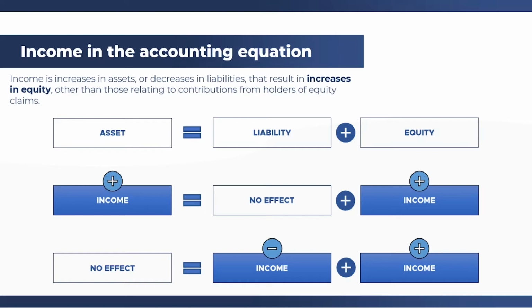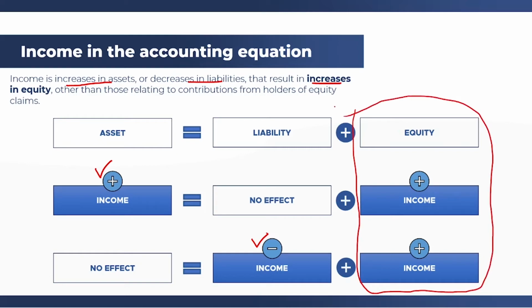So to recap, income is increases in assets, like here, or decreases in liabilities, you can see here, that result in increases in equity. If you look at the equity side here, they're actually both increases. These are movements relating to the financial performance, which means that they exclude any transactions with owners.